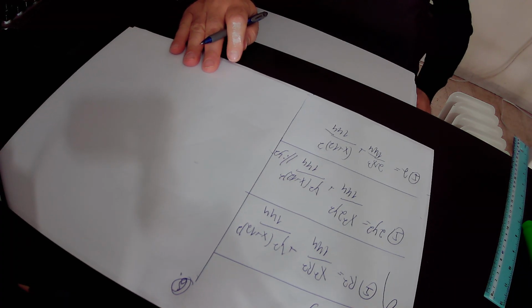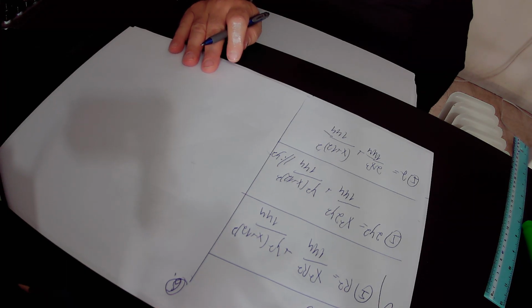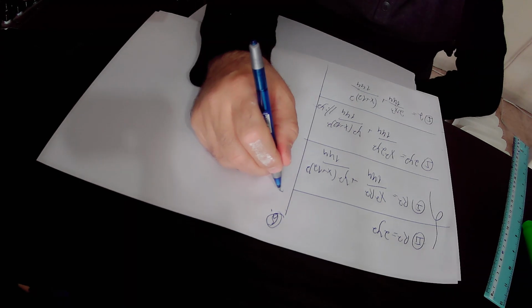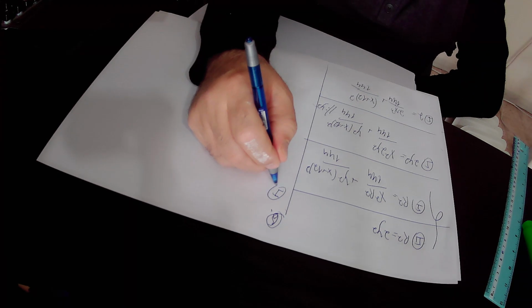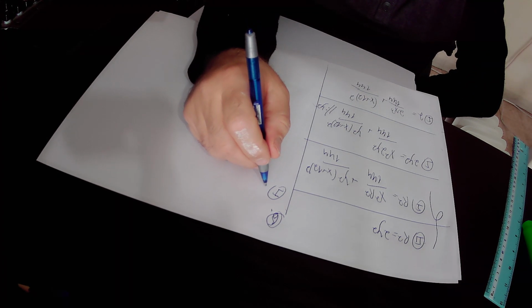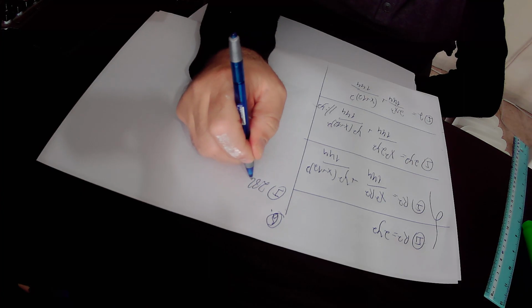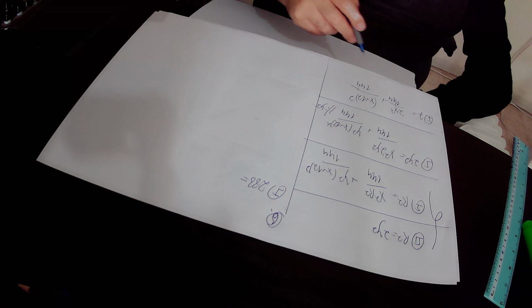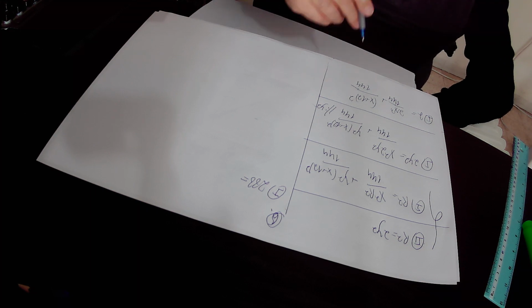So here we multiply this equation 1 by 144, and we get that according to equation 1, 2 times 144 is 288, and it equals to, here we have 144 in the denominator.